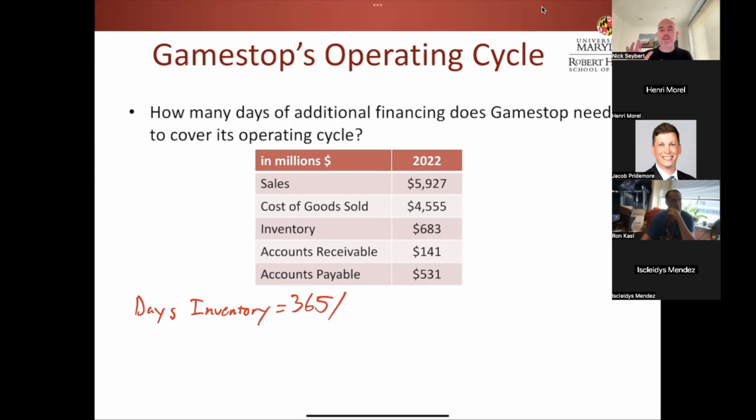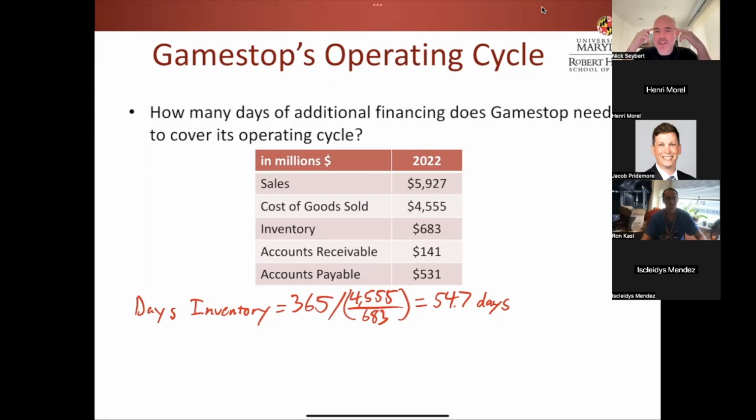Always remember, cost of goods sold is in the numerator because when inventory gets sold, it goes into cost of goods sold. Okay, so that's 4555 divided by 683. And if you do that, if I did my math right, it takes about 54.7 days for GameStop to sell its inventory.